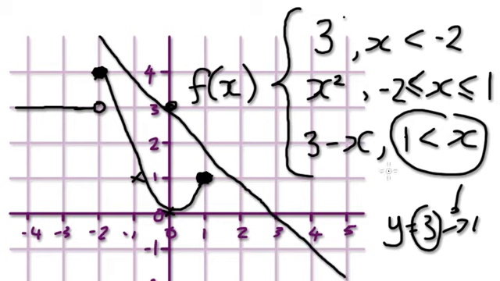Okay, but it's strictly greater than 1. So because it's strictly greater than, it has to be an empty circle. So remember, all this here is not valid because it's out of the range. You see, the range is x being strictly greater than 1.